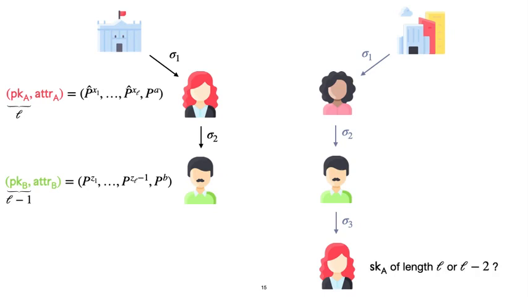So this is a contradiction, and this is why we can't use the prior scheme for these credentials issued under multiple authorities. Also, for a single authority, when I say that Alice can sign Bob's public key and attributes of length L minus 1, even though this is possible to construct, the proof of security in that paper actually does not allow this. All messages and public keys have to be of length L.